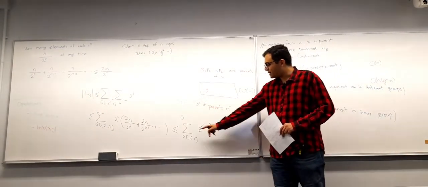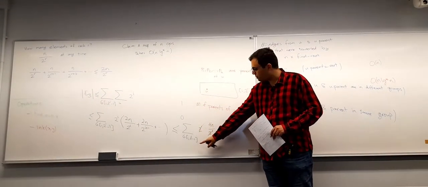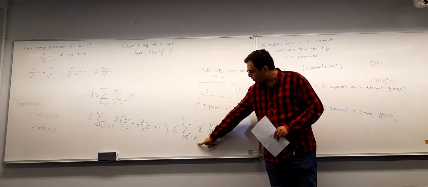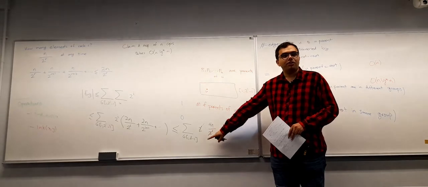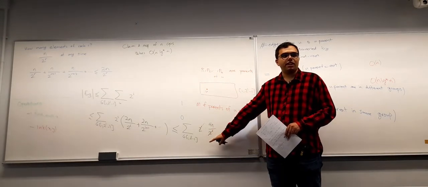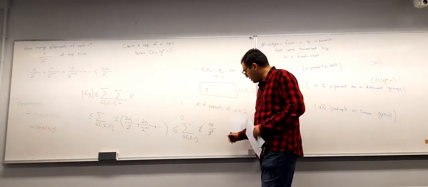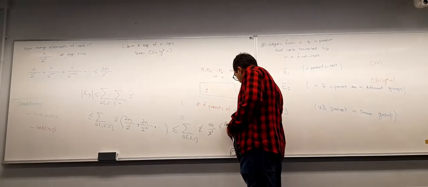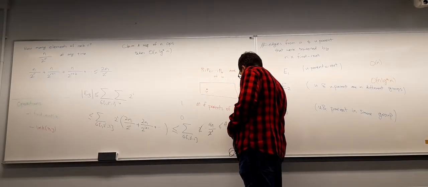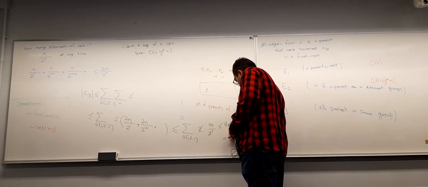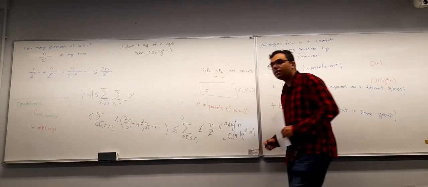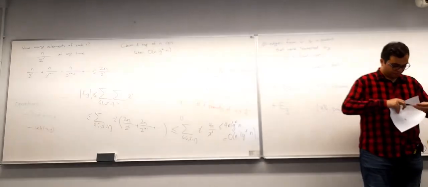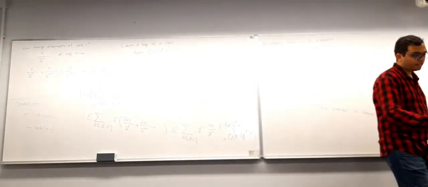Now I have a sum over all of my groups, and for every group, I'm paying a cost of 4n. The number of groups was at most log star of n. So this sum is at most 4n log star of n, which is O(n log star n). Okay, so that's the proof here.